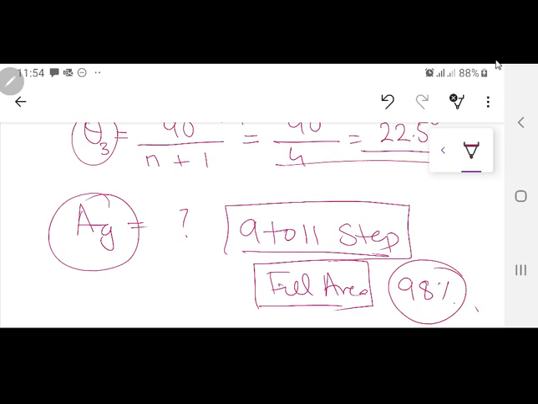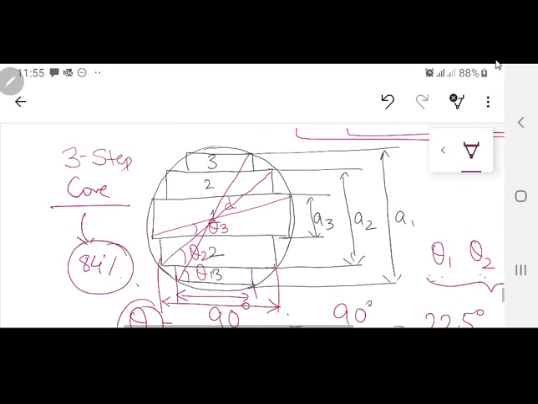That fill area is available over here. The table is also available at page number 217 of this book. Or maybe you don't even need to memorize this. Whenever a question is given, we give you this fill area percentage. Okay?